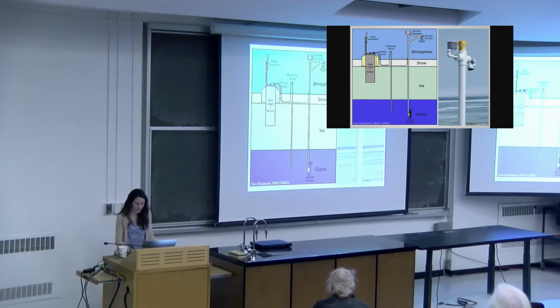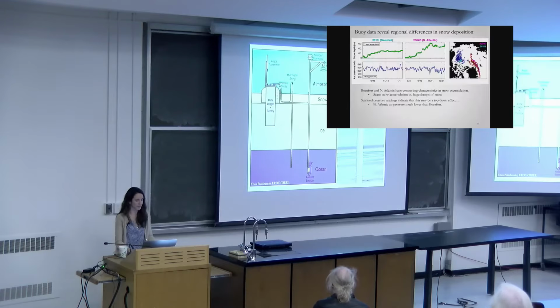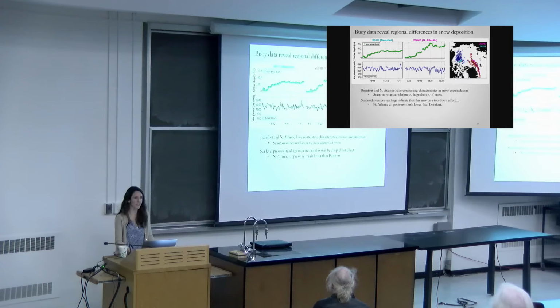So what really intrigued me about this data set is I collected a whole bunch of buoy data together and kept seeing this distinct pattern between two regions of the Arctic. When you look at the Beaufort Sea region, so vaguely this is the region, and the North Atlantic region here, the way snow accumulates is very, very different between these two areas. On the left, you can see it's just kind of a steady snow accumulation.